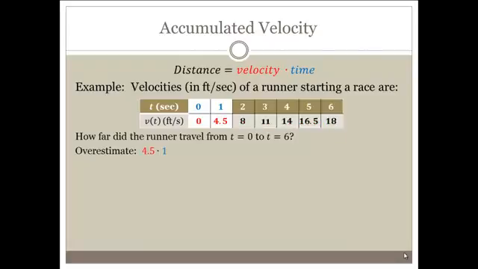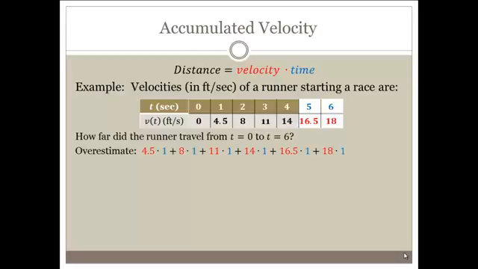Doing our calculation, we get that in the first 1-second time interval, the runner traveled at 4.5 feet per second for 1 second, so 4.5 times 1. In the next time interval, we estimate that the runner traveled 8 feet per second for 1 second, so 8 times 1. Carrying on, in the next time interval, we have that the runner traveled 11 feet per second for 1 second, then 14 feet per second for 1 second, followed by 16.5 feet per second for 1 second, and finally in our last time interval, we use that they traveled at 18 feet per second for 1 second.